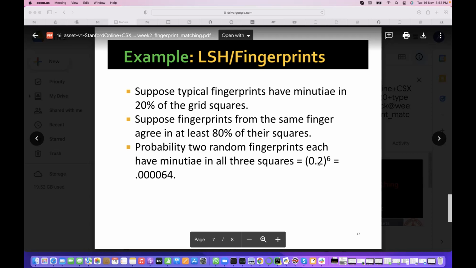What is this 0.2? 0.2 is the reverse of the 80%, right? He is assuming in the beginning, suppose fingerprints from the same finger agree in at least 80% of the squares you are seeing.